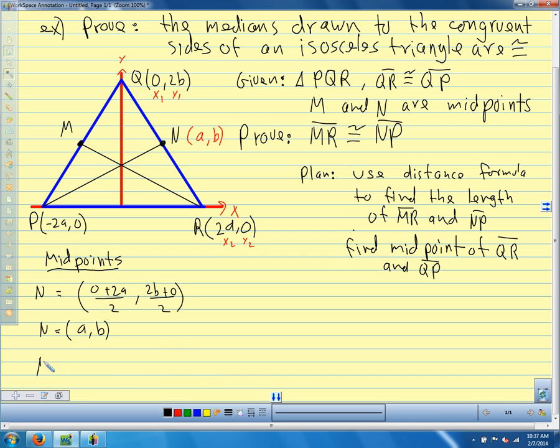Now let's find M. Let's find the midpoint here. So we already called this one x1, y1, so let's call this one this time x2, y2. So we'll plug into our midpoint formula. x1 plus x2, 0 plus negative 2a divided by 2 for my x, and y1 plus y2, 2b plus 0 divided by 2.